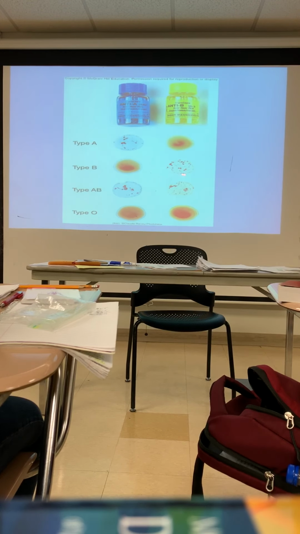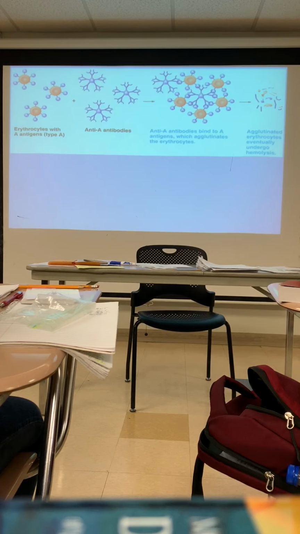And then another example. This is actually in your lab. This one is visual so you can understand. If we have a type A blood, we have antigen A, right? Those are the antigens covering all the periphery of the red blood cells.